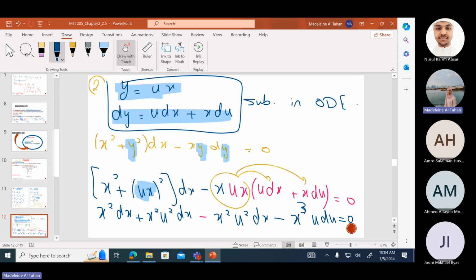Now, before we move to the next step, check if there are some terms that we can cancel by now. So after substituting, expand. After expanding, check if there are some terms that we can cancel out. With x squared u squared dx, we can cancel it.